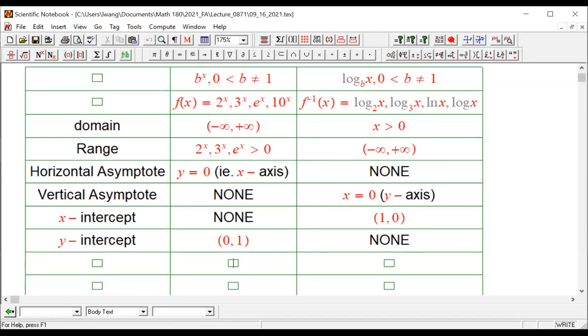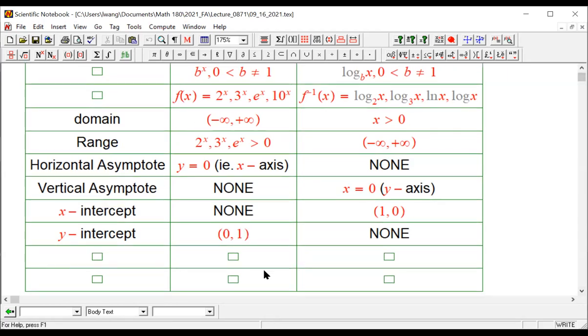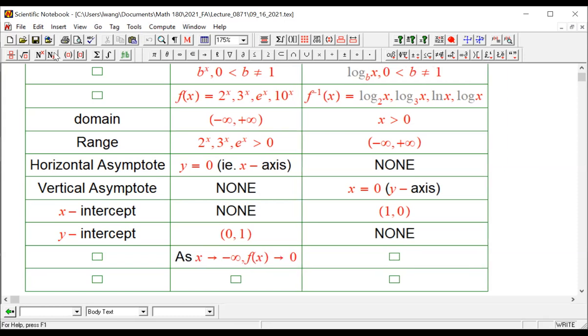You look at the graph for the exponential function, and you can say, as x approaches negative infinity, all of these functions approach what? They approach 0 from larger than 0.